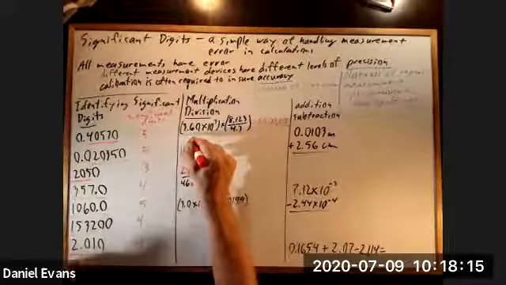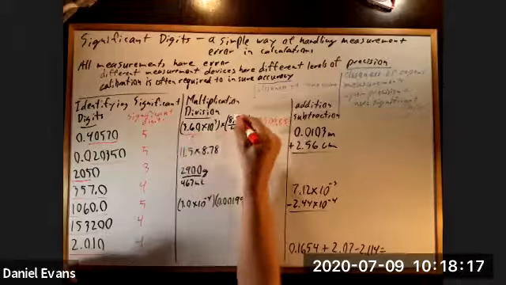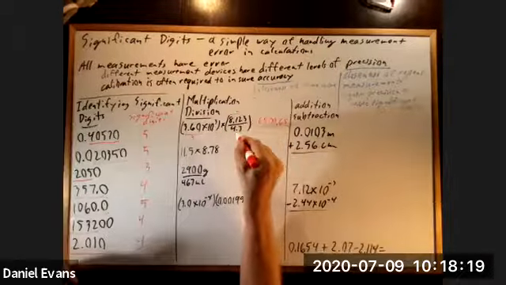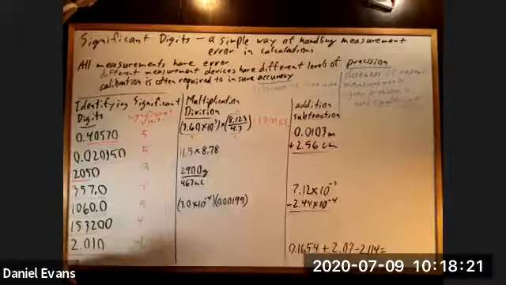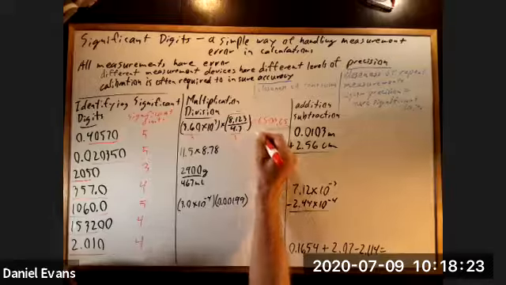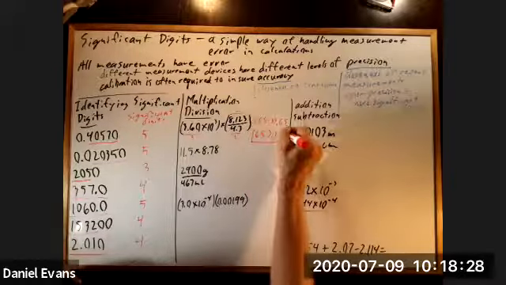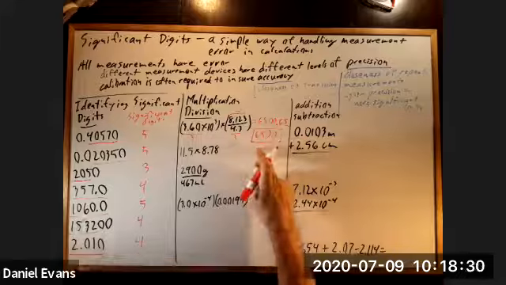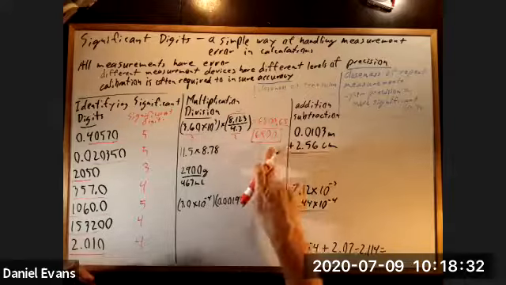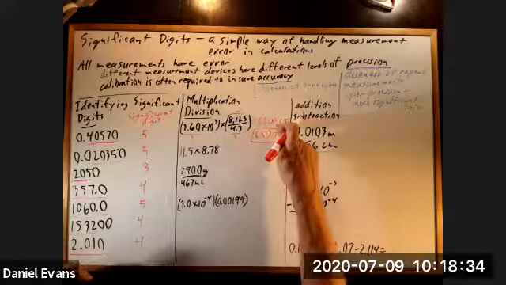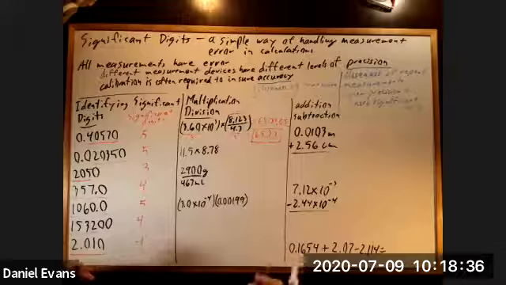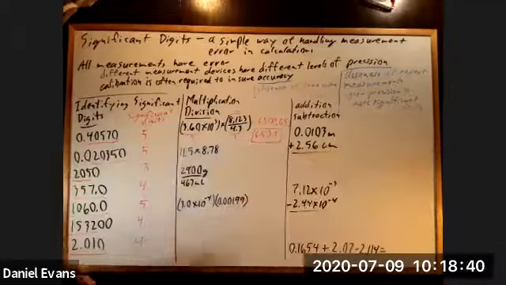I look at the numbers. We have 3 digits, we have 4 digits, we have 2 digits. I'm only allowed to keep 2 of these, so I can write this as 6800. That gives me the 2 digits, the 68. The 2 zeros are not significant. I need them there to hold the magnitude of the number, 6,800. So this is a good answer right there.